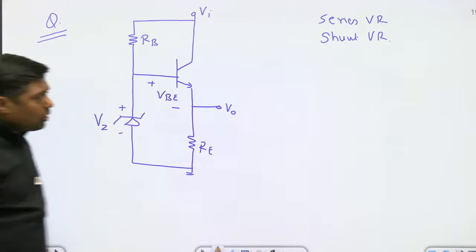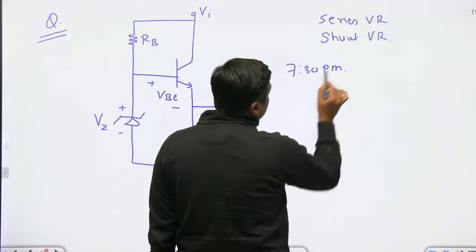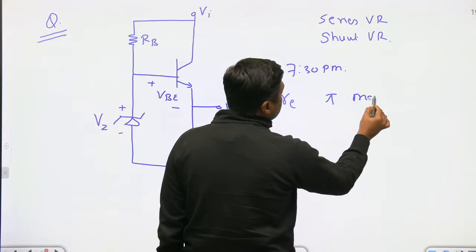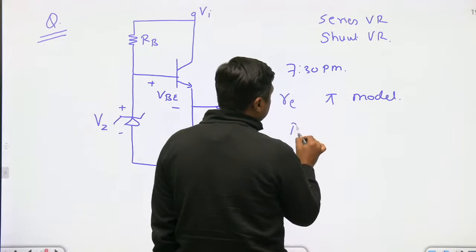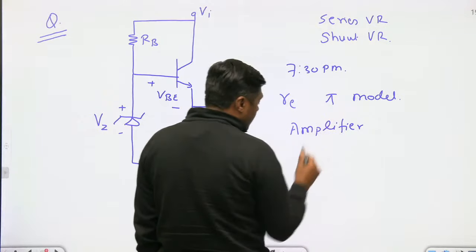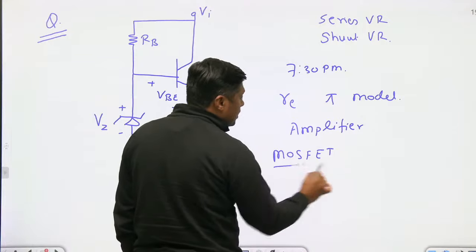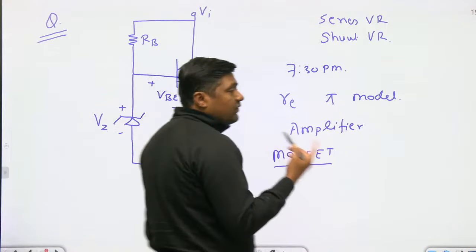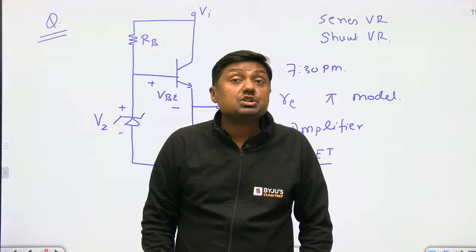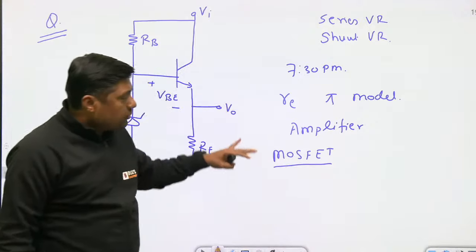And tomorrow at 7:30 p.m., if you want to get command over the re model or pi model and how to solve questions on amplifier, as well as the MOSFET small signal model, and how to get the Thevenin's equivalent resistance or Norton's equivalent, the Thevenin's equivalent circuit for the MOSFET, we will discuss directly from the standard textbook.